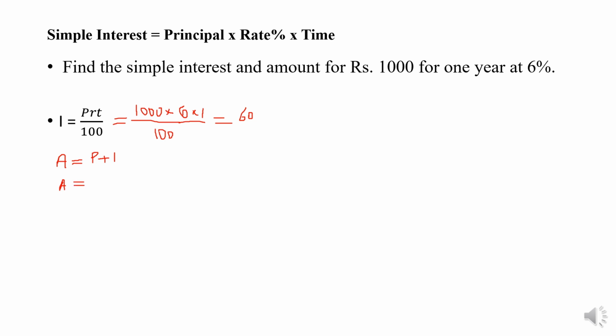P is 1000 and I we already found out. So 1000 plus 60, which is 1060 rupees.